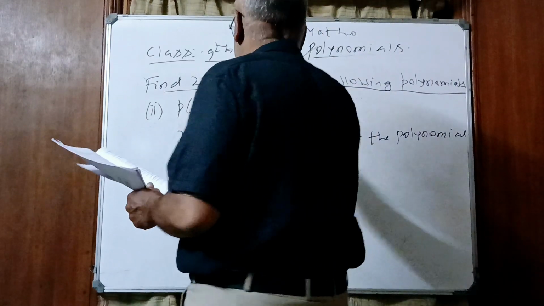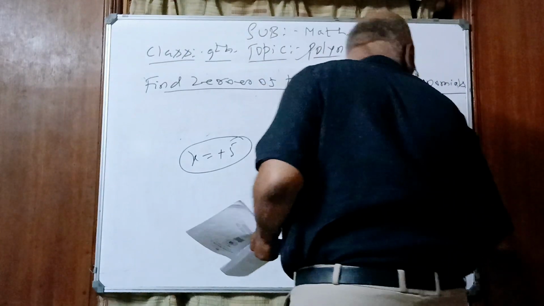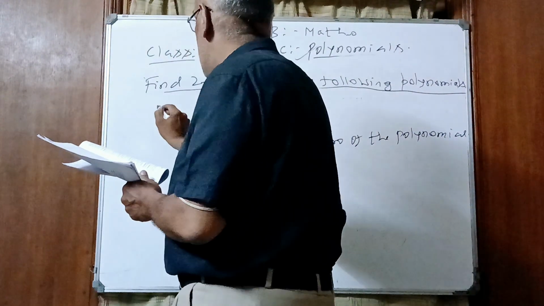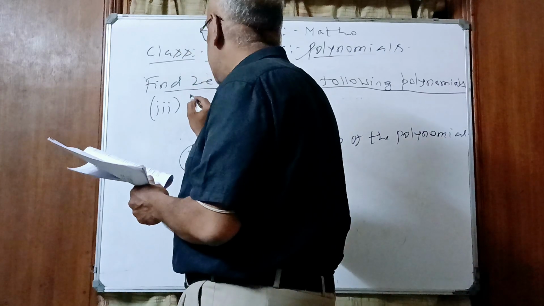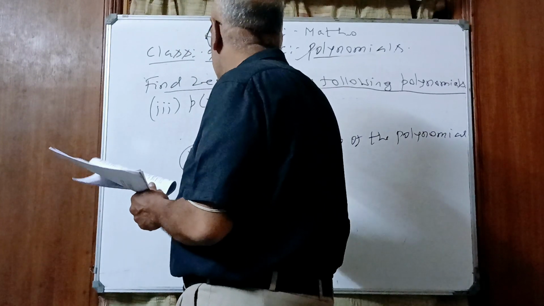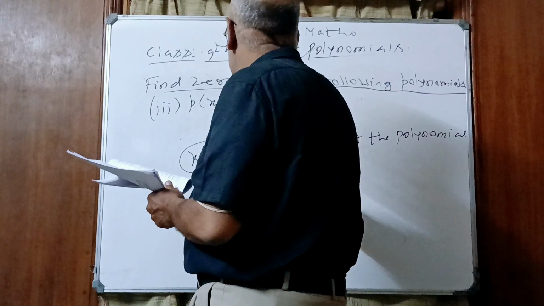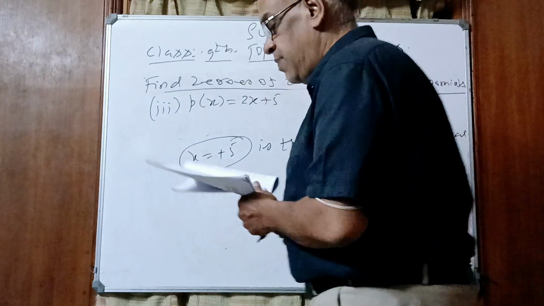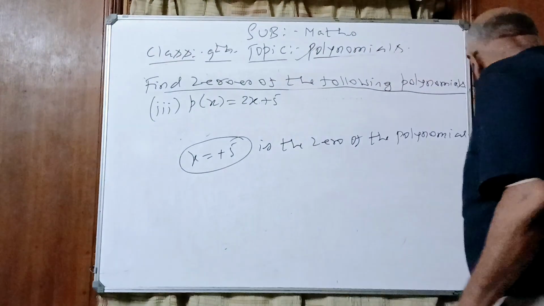Third question. What is the third question? Just we have to apply remainder theorem and factor theorem. What are you doing, children, here? You are applying factor theorem and remainder theorem. What do you have to do again?